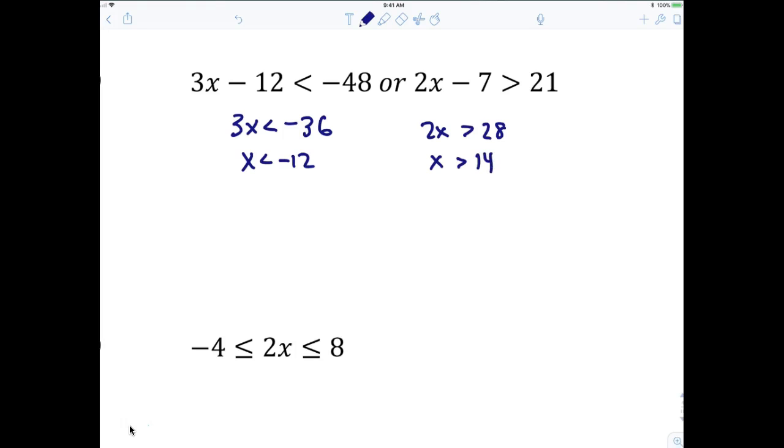Now, again, I'm trying to get you to visualize the numbers better. So if you are less than negative 12 or greater than 14, you would be from there you have it.